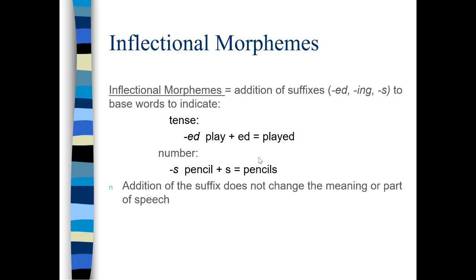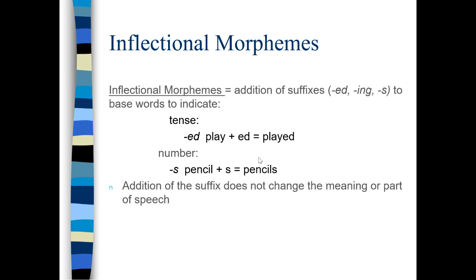And all we're doing is either changing the tense or the number by adding ed to make something past tense, or an s or es to change the number of something. When we add an inflectional morpheme, we are not changing the meaning of the word. We're also not changing the part of speech.